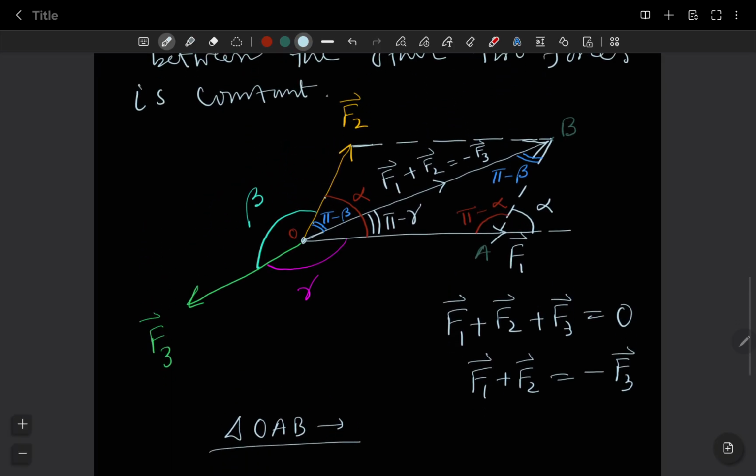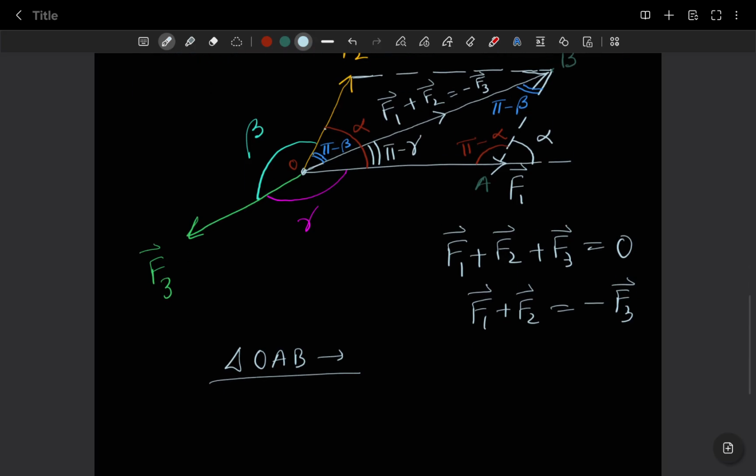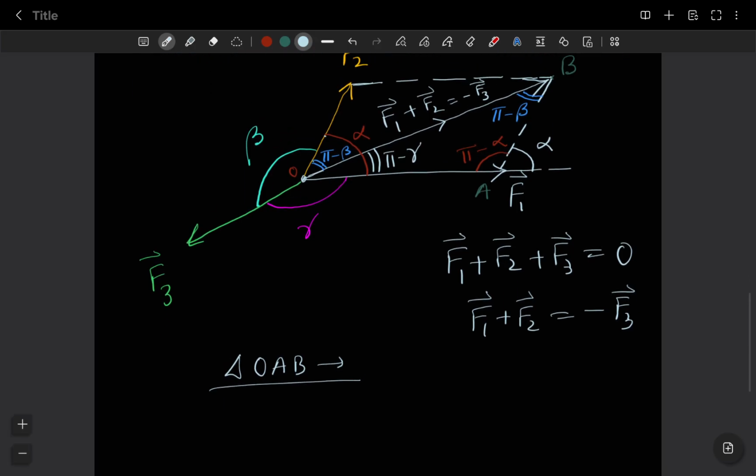We know that the ratio of one side and the sine of the angle opposite to that side is a constant. So first let us start with F1. This length is F1.